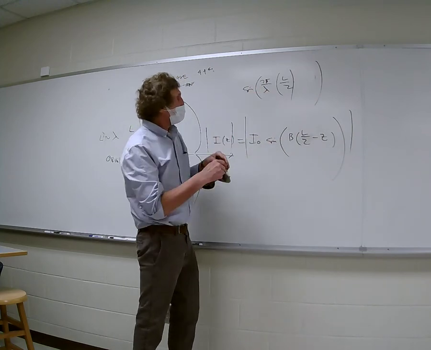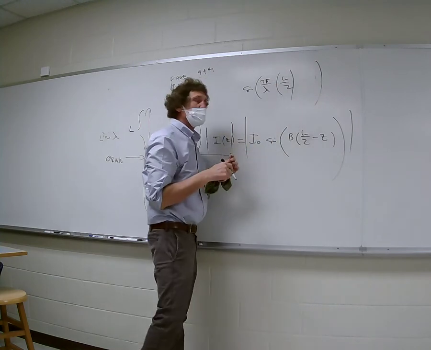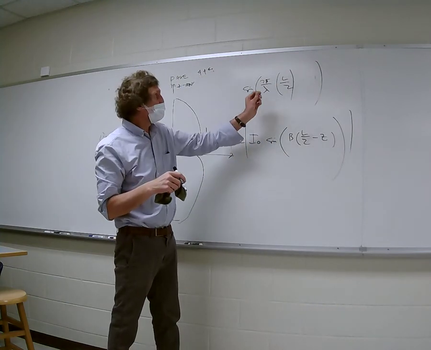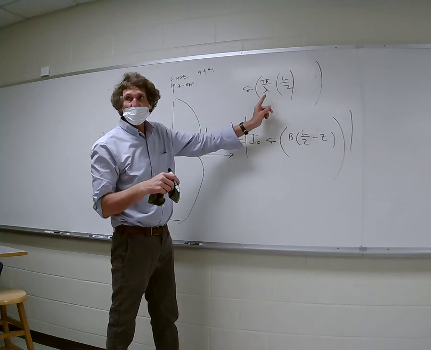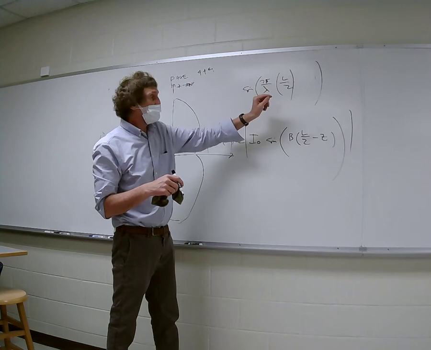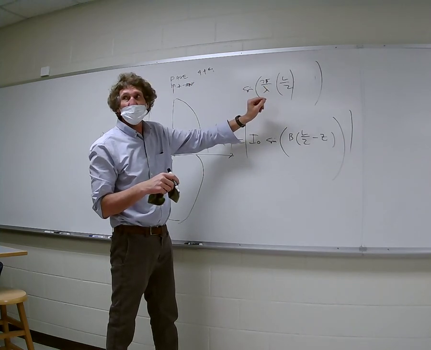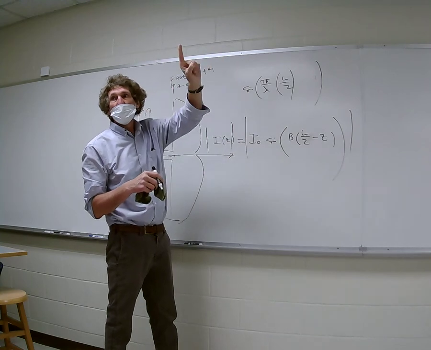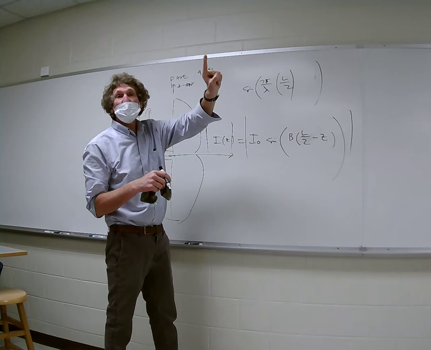So if I have pi L over lambda, and I make L lambda over 2, I have pi times lambda over 2, don't I? So really the lambdas cancel, and that would be pi over 2. What's the sine of pi over 2? 1, right? 90 degrees is 1, correct? So it would be a relative maximum.